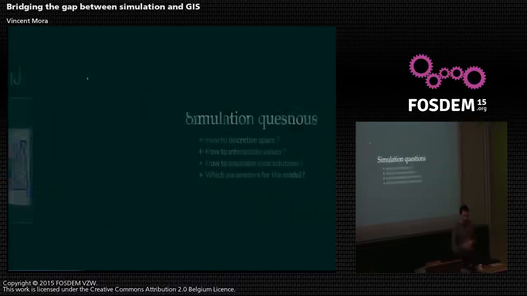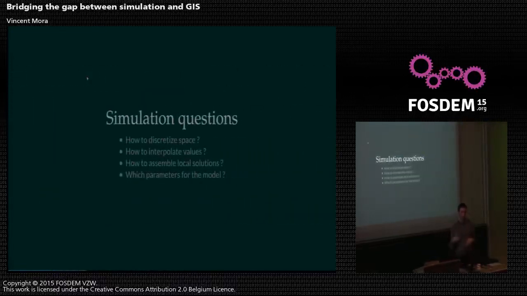This is one problem. How to interpolate values is also a problem. That can be linear interpolation and lots of other kinds of interpolation. How to assemble the local solution, and of course which parameters for the model to use.